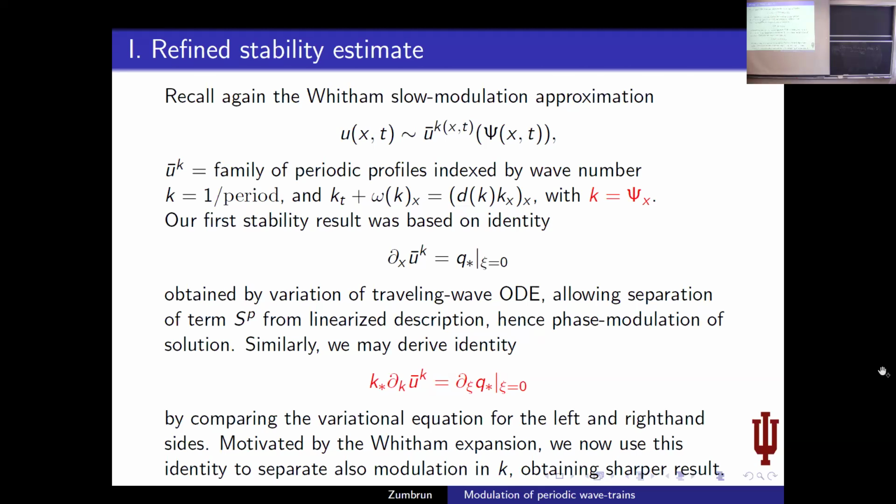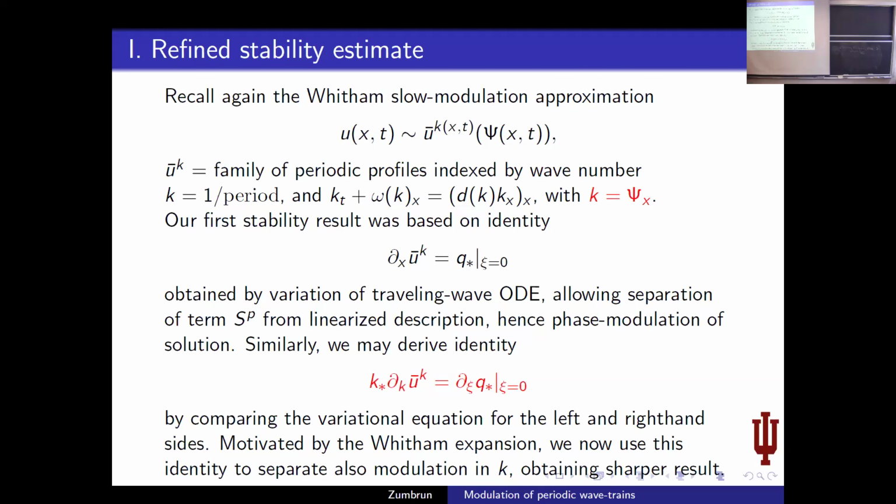The first stability result was based on this identity, that the derivative of the traveling wave was equal to the right eigenfunction. That allowed us to separate the phase from the linearized description, finding some cancellation, and phase modulation. But we need to do more.